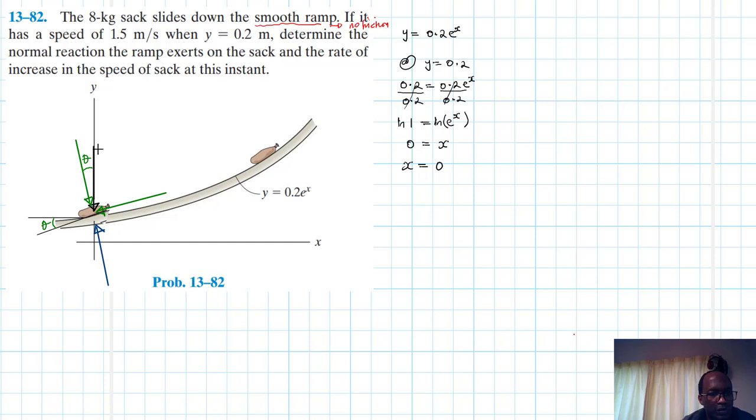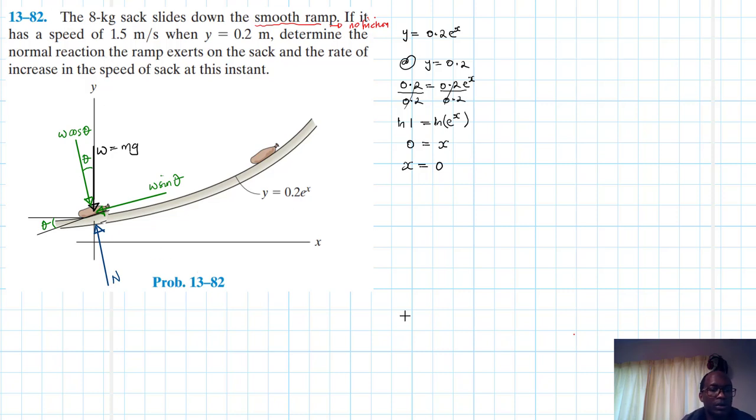Let's label this. This is the weight, which is just equal to mg, and then the components are W cos theta, W sine theta, and this is the normal force.